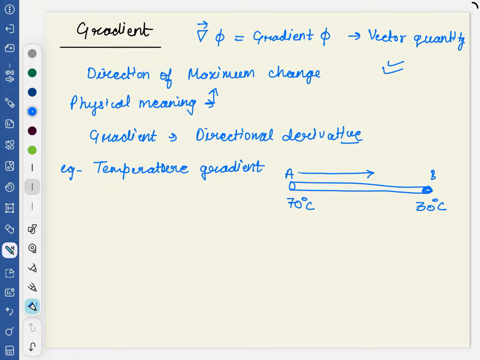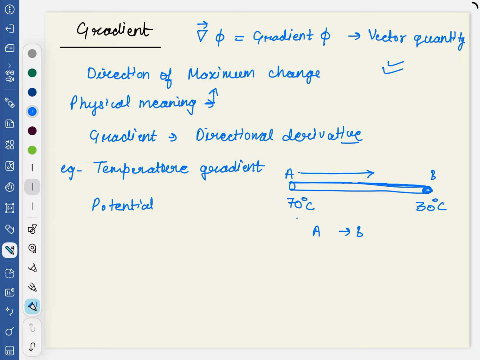So the direction will be from A to B till the whole rod gets the uniform temperature, means 50 degrees here and 50 degrees here. So the magnitude as well as the direction change here in the temperature gradient.